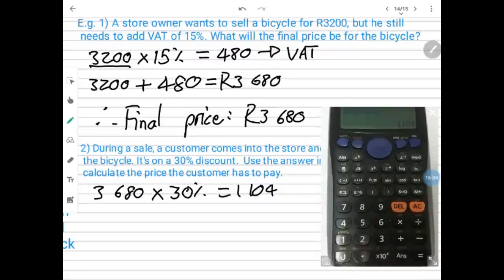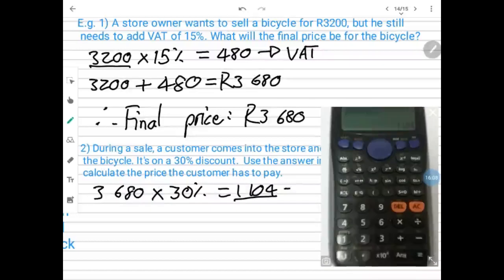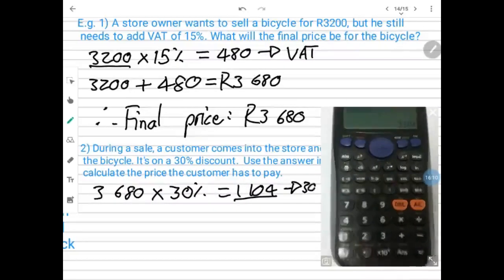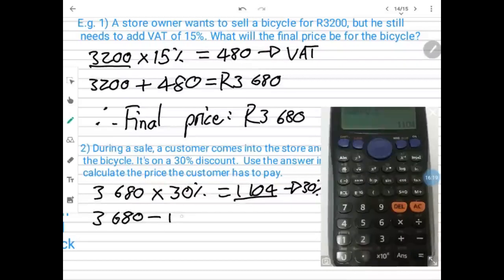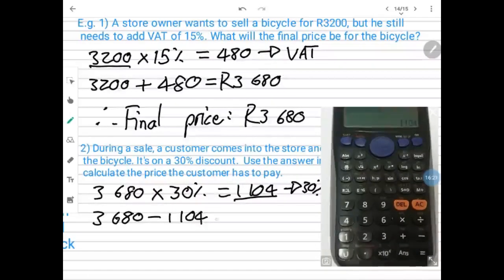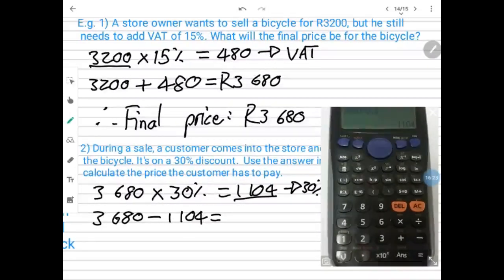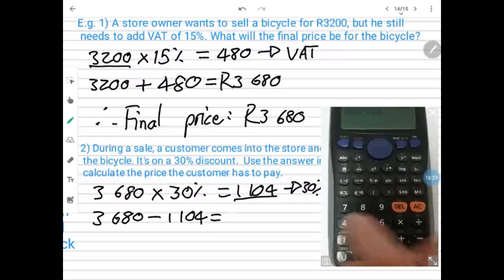Now let's subtract that, because this amount is the 30%. We start with the original amount, 3,680, minus the 1,104. What do we get now? 3,680 minus 1,104.